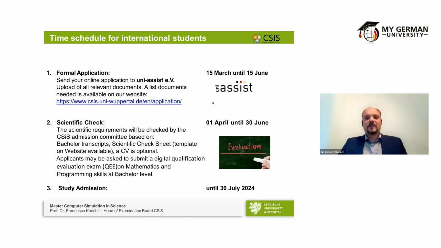They will review your forms, and if you are eligible to apply, they will pass your application to us, where we then, depending on your choice of specialization, have another look at your application, and by the latest 30th of July, you would then get a definite answer whether your admission is successful or not, which leaves you with almost 3 months to organize your travel, get a visa, and so on.